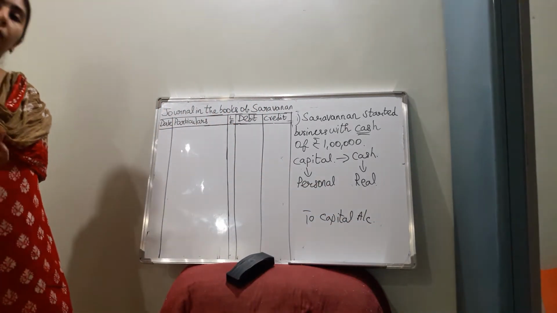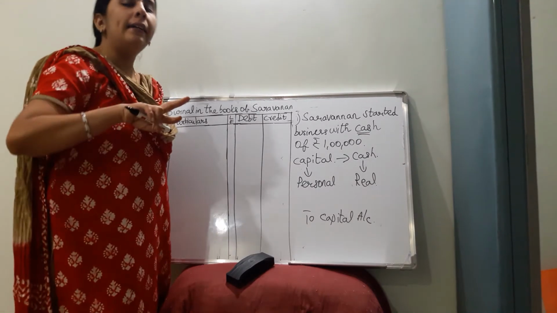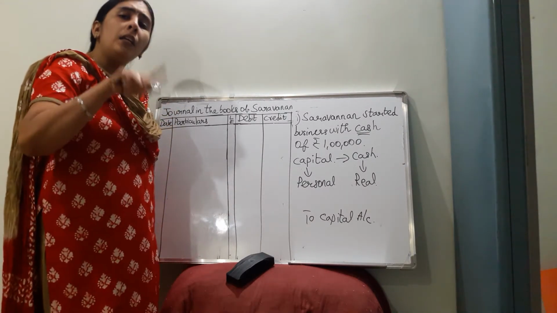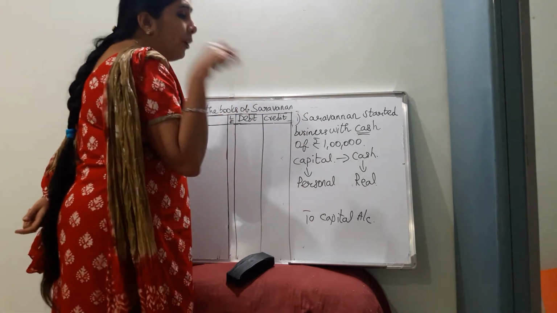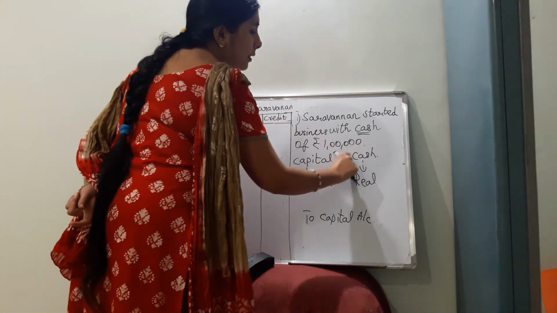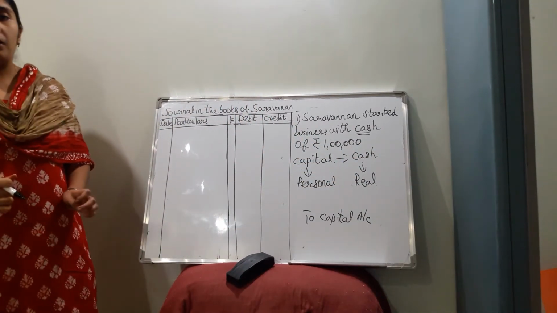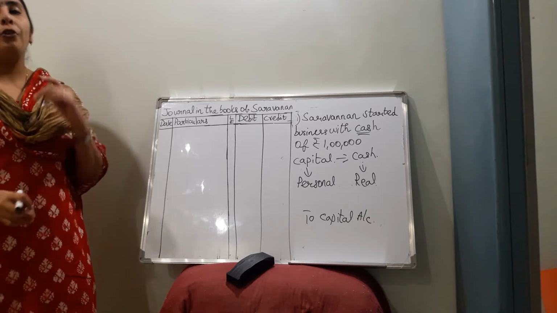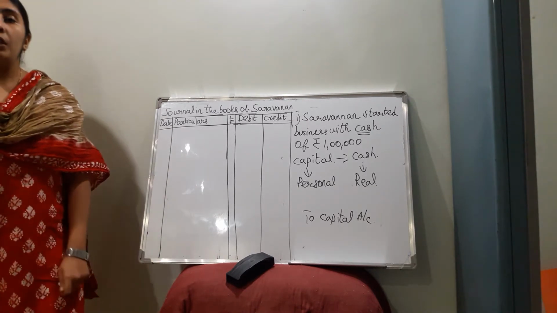So something comes into the business. Debit the receiver, credit the giver. Here the one more entry that is involved in the business is the cash. I already told you cash is a real account. So what is the rule for real account? Debit what comes in, credit what goes out.